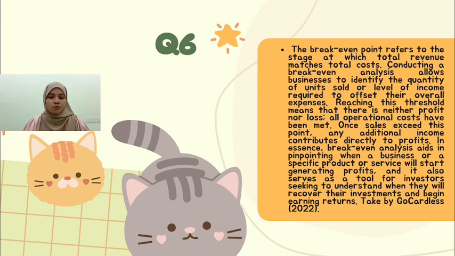Businesses use break-even analysis to find out how many units they need to sell or income they need to cover costs. Beyond this point, sales generate profit and help investors see when they start earning a return. So I will pass to the next presenter.